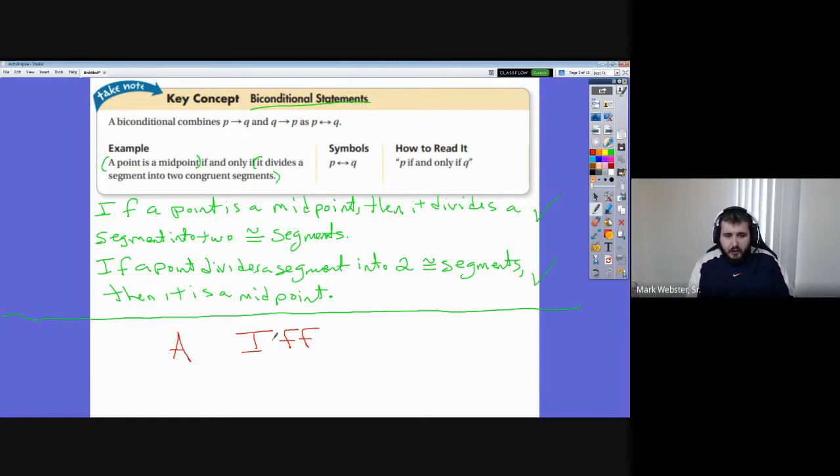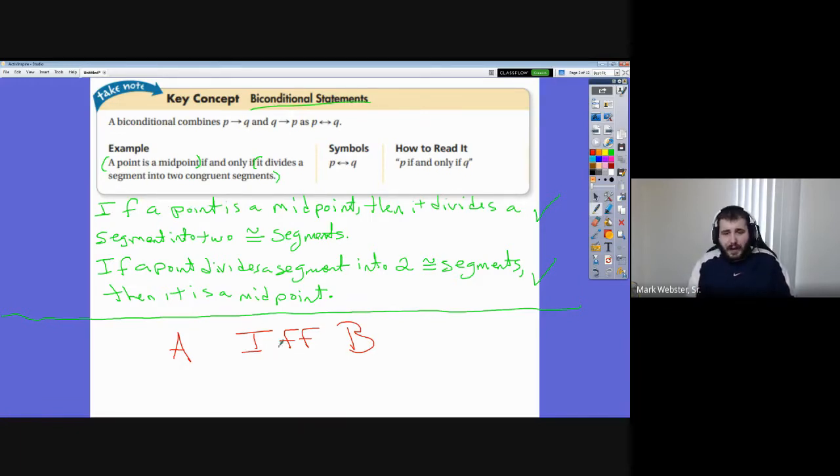So this means if and only if. It's just an abbreviation. If you don't want to write the 11 letters that if and only if is, and you're like, I don't want that, that's like 8 too many letters, well, here you can do IFF, and it means the same thing, right?